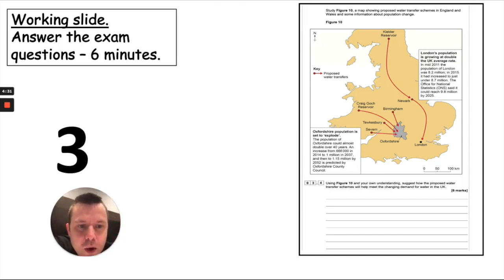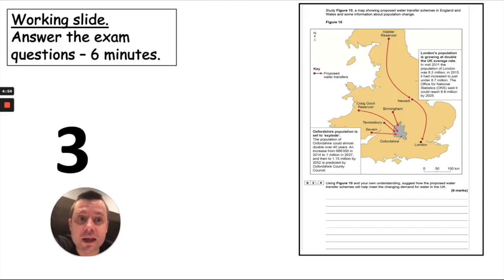So it says, using figure 10 and your own understanding, so use that figure and your brain, suggest how the proposed water transfer schemes will help meet the changing demand for water in the UK. I would start off, as always, if you've got access to this printed out, you can circle any key things. But I would start off saying, in figure 10, give an overview of what it's saying.